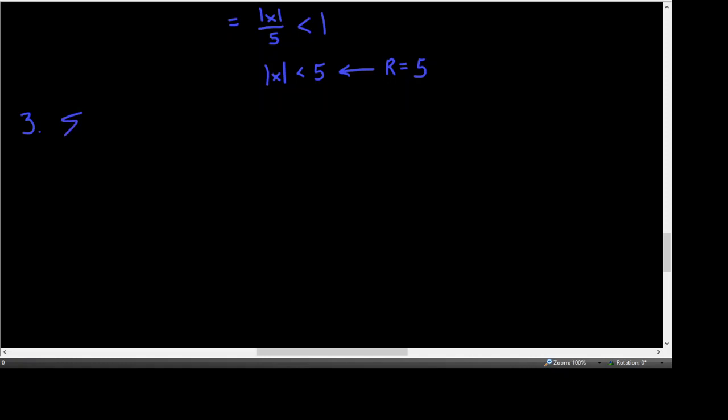So we've got the sum from n equals 0 to infinity of negative 1 to the nth times x to the 2n plus 1, divided by 2n plus 1 factorial.